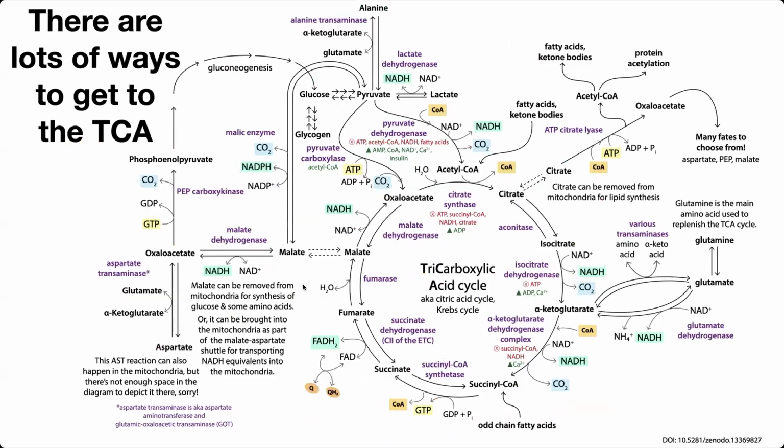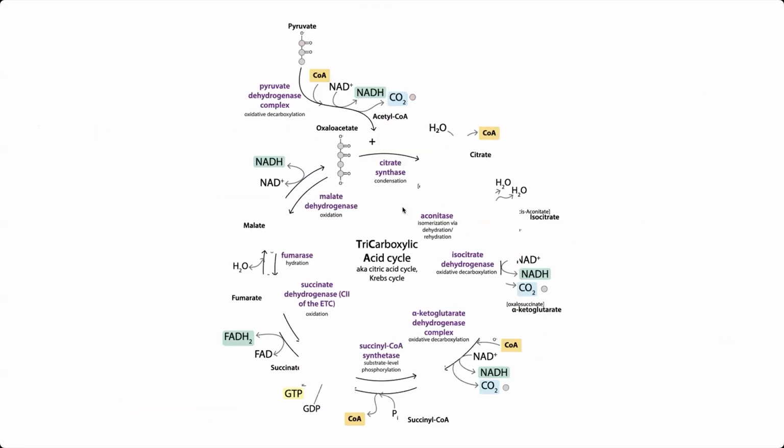But we can bring in malate, we can bring in α-ketoglutarate from glutamate, we can bring in oxaloacetate from aspartate, all these various reactions. Odd-chain fatty acids, we can convert the leftovers to succinyl-CoA. So we have lots of ways to get carbons into the TCA. But in order to get the carbons from acetyl-CoA into the TCA, you've got to have the oxaloacetate present.